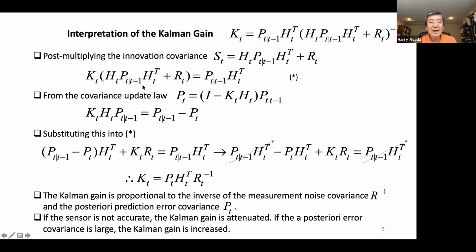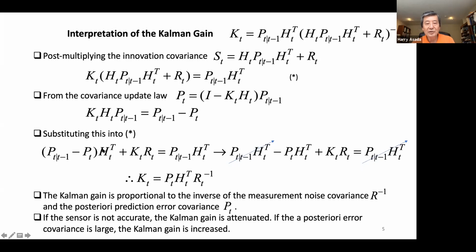So looking at this expression coming from the Kalman Gain, K_t H_t P_{t|t-1} is the one here exactly. So this product is replaced by P_{t|t-1} minus P_t. So that is this expression. Don't forget to put the H_t transpose here. And the K_t is multiplied to R_t, which is sitting here, right? This is equal to this.